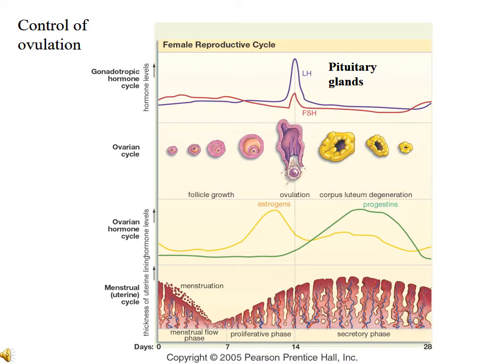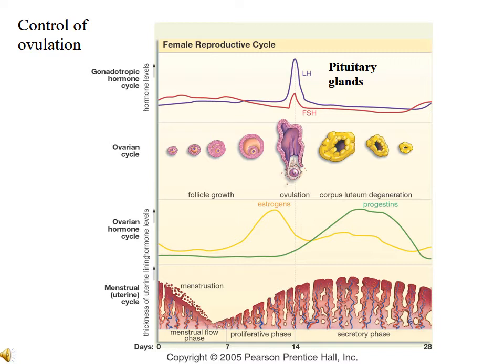Now, this is a complex slide, so let me try to carry you through this process. To start with, let's look at the bottom of the slide and see what happens during the menstrual cycle. During the menstrual cycle, as you can see, the endometrium is sloughed off at the beginning of the cycle, and then again builds up to a level of integrity.